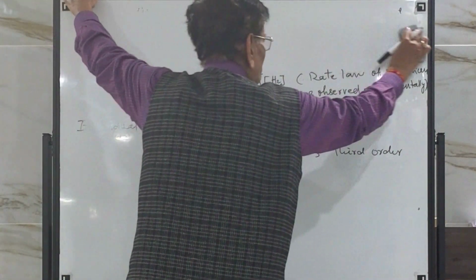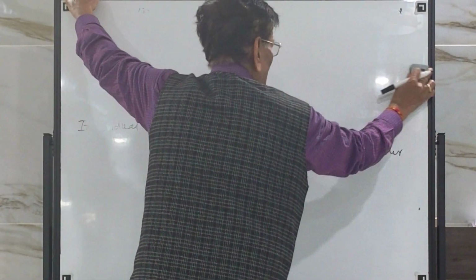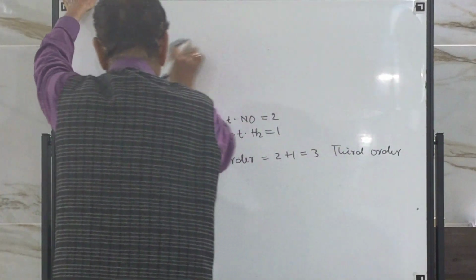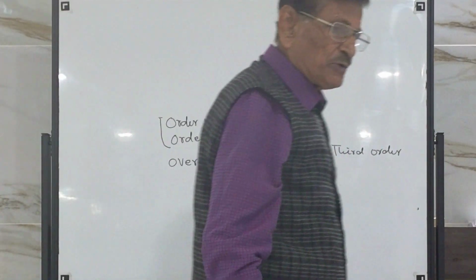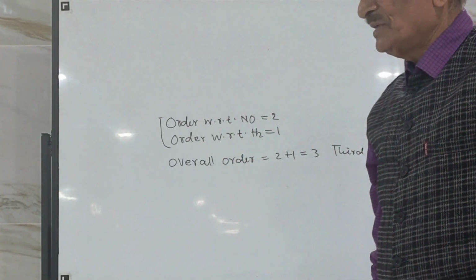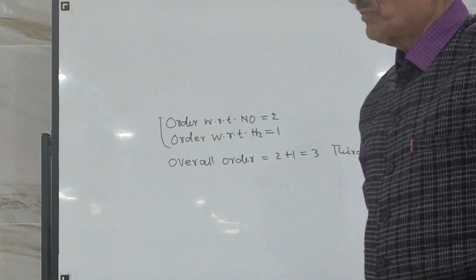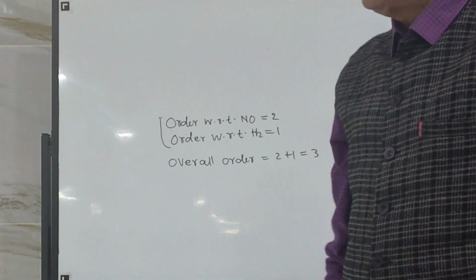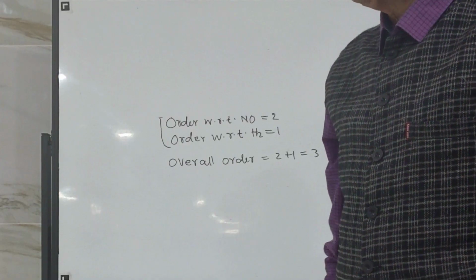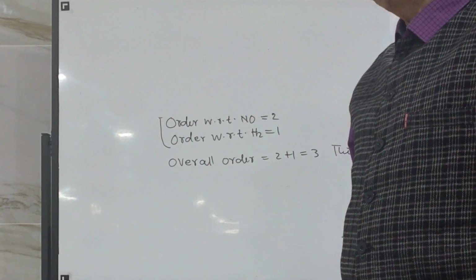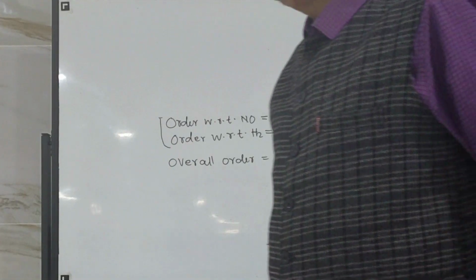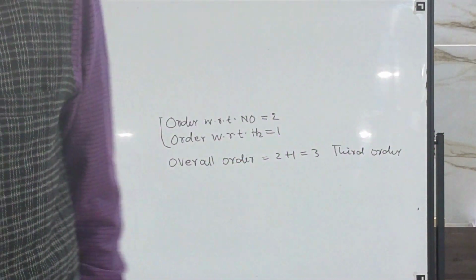Now, next point: reactions have been classified. Just as reactions are classified on the basis of molecularity as unimolecular reaction, that is molecularity equal to 1, bimolecular reaction, molecularity equal to 2, and trimolecular reaction, molecularity equal to 3, in the same way reactions are also classified on the basis of order of reaction.